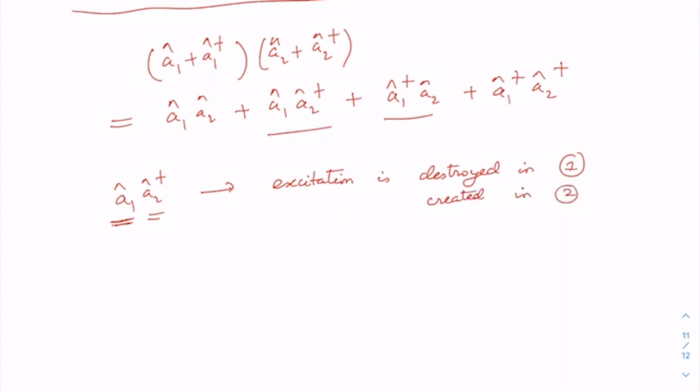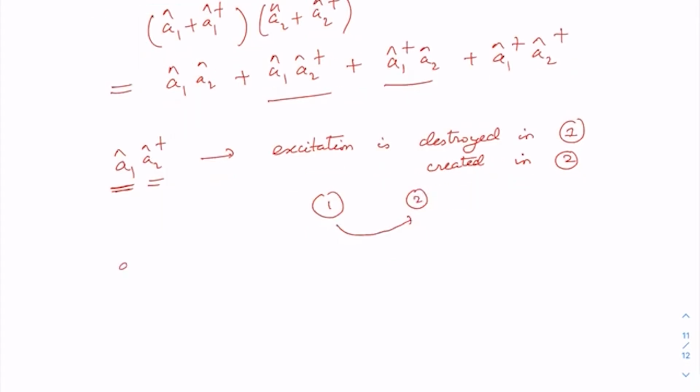So basically excitation is getting transferred from oscillator 1 to oscillator 2. On the other hand, the other term, a1 dagger a2, has the opposite thing happen. Excitation is now destroyed in 2 and it is transferred to 1.